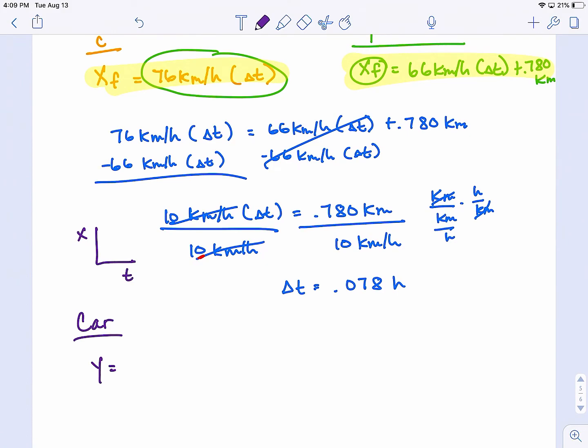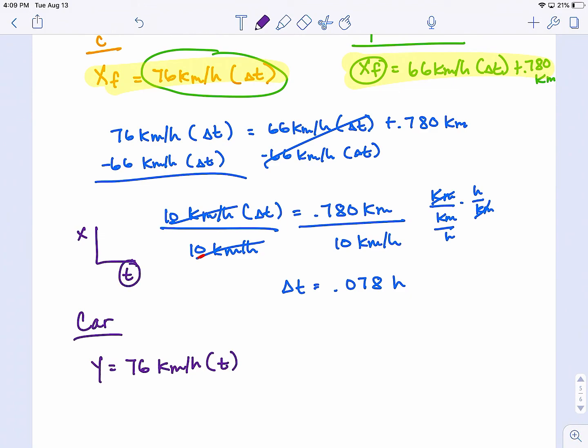Y equals m, which we know for a position versus time graph, the slope represents the speed or velocity, times x, which we know that time is on the x-axis. Now, plus b, but remember our y-intercept is equal to our initial position, and for the car, the initial position is just 0.